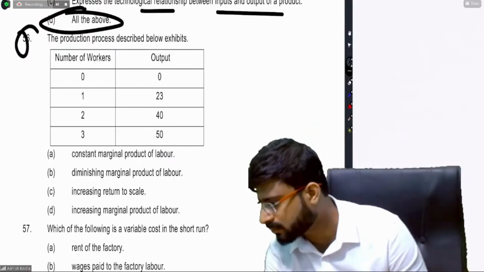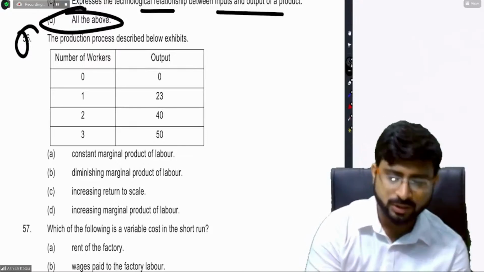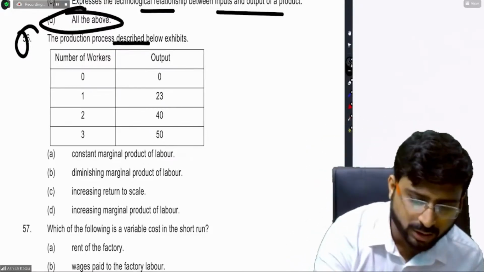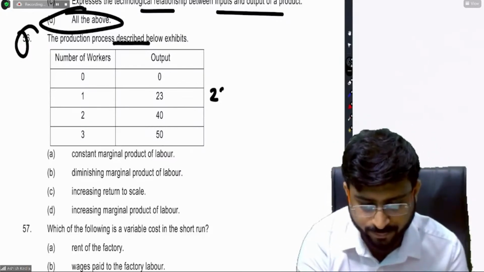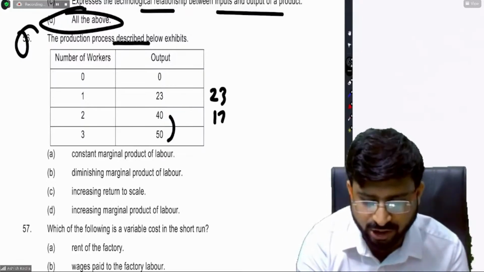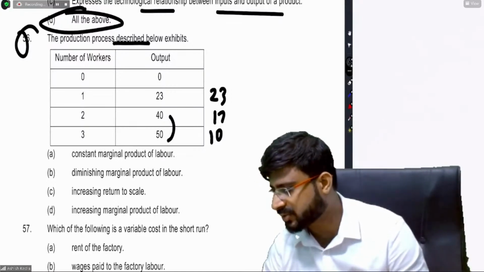Fifty-six, everyone. The production process described below exhibits what? So see, workers are like this, and output is 23. Okay. Then output is increasing by 17. Okay. Then increasing by 10. Oh my God. I have the answer. How many of you got the answer? Come on.